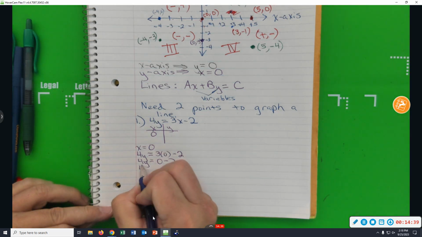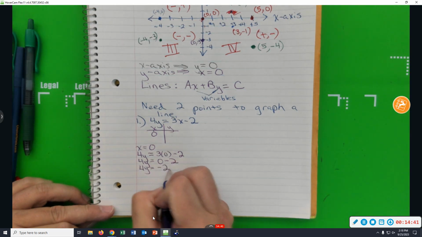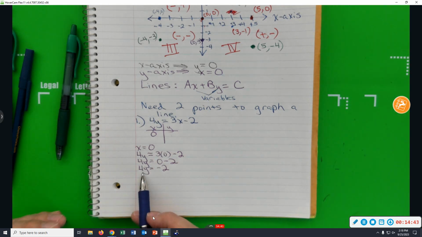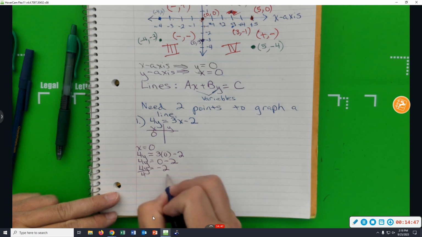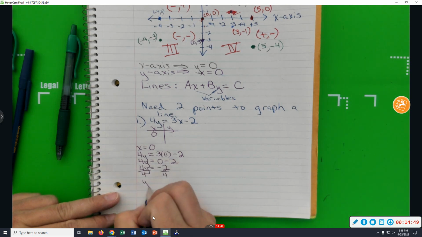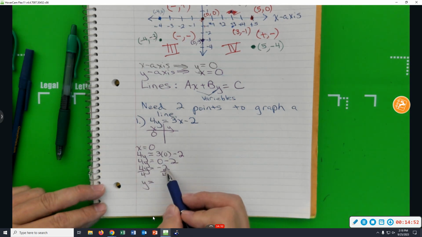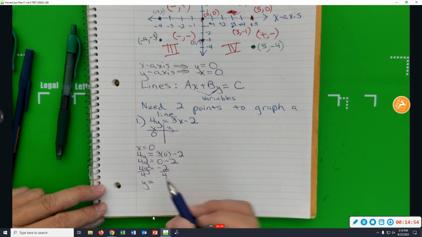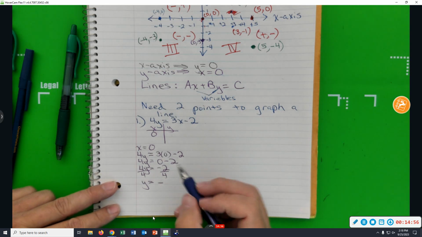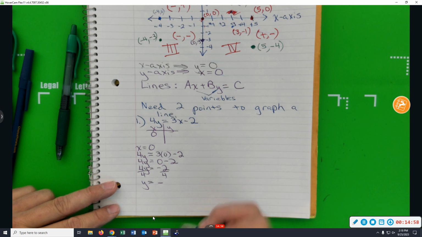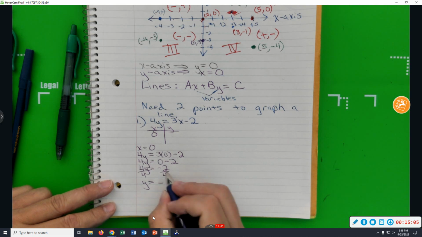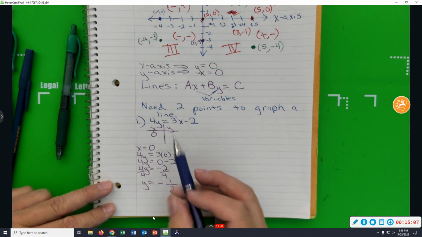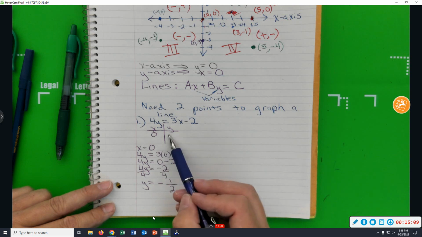So we have 4y equals negative 12. What do we do to get y by itself? Divide by 4 to give us y equals negative 12 divided by 4. That gives me a negative. Hey, we can reduce that 12 over 4. That reduces to what fraction? 3. I agree. So we get the ordered pair 0, negative 3.